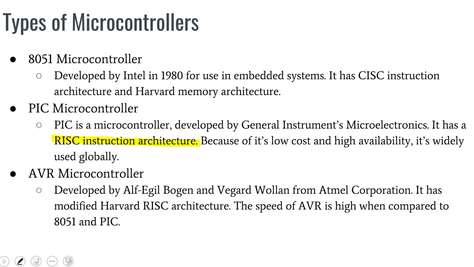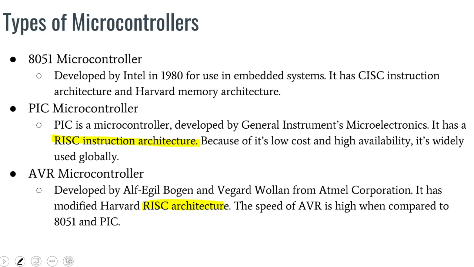Then we have AVR microcontrollers, again another RISC architecture microcontroller. They are much faster. So one of the issues with PIC microcontrollers is they are very low cost and widely available, but they are not that fast in terms of their computation.